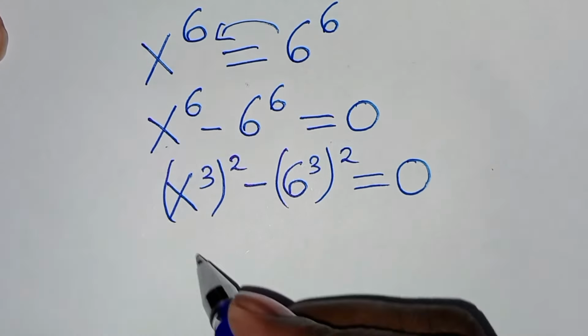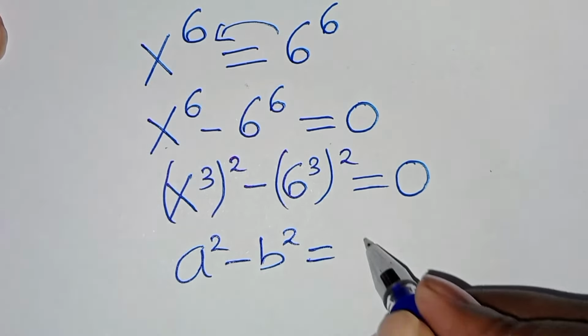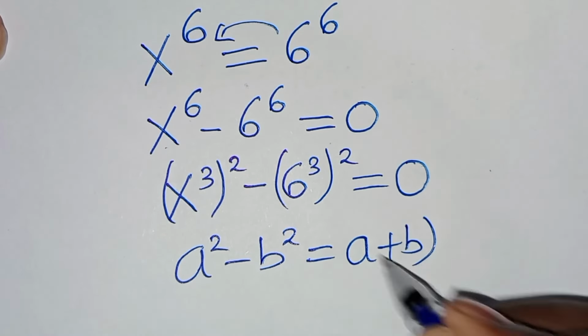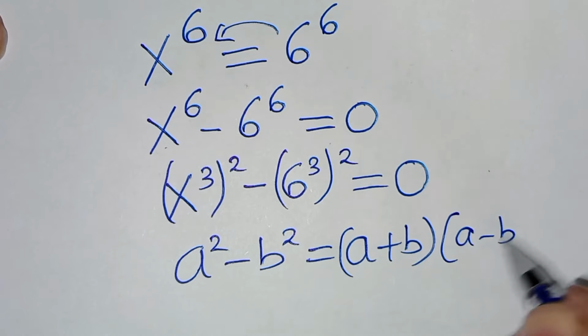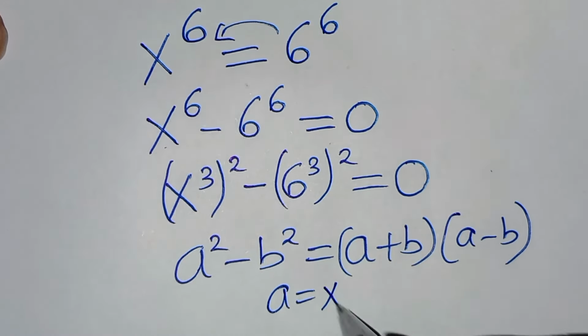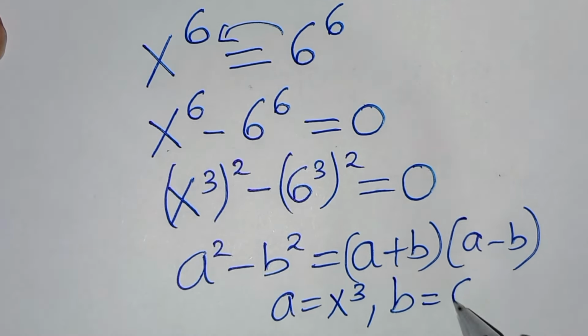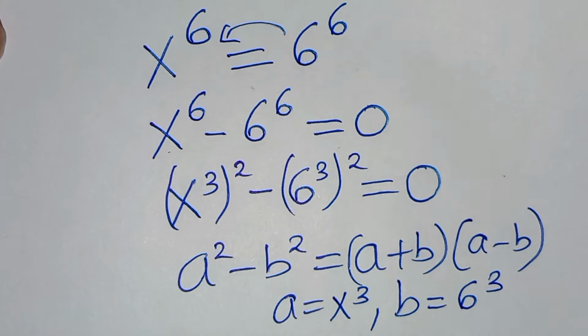This equation is in the form of a squared minus b squared, which we can express as (a plus b) times (a minus b). Now, from here, we have a equal to x to power 3 and b equal to 6 to power 3.